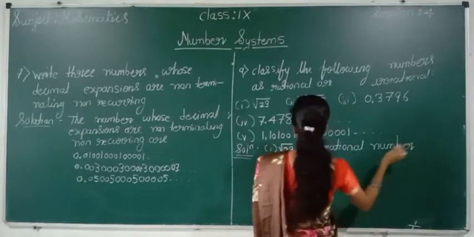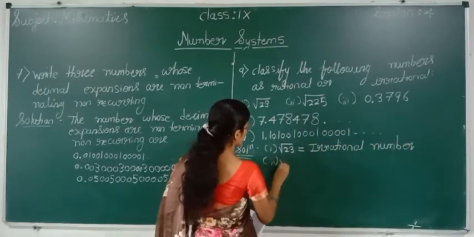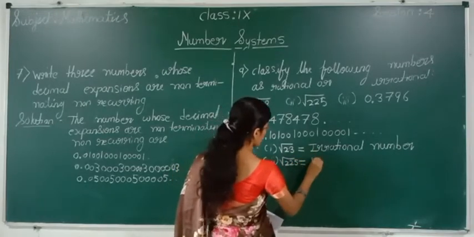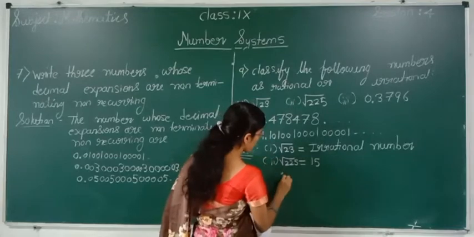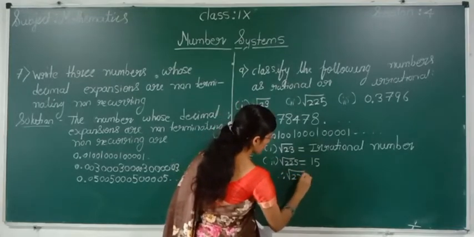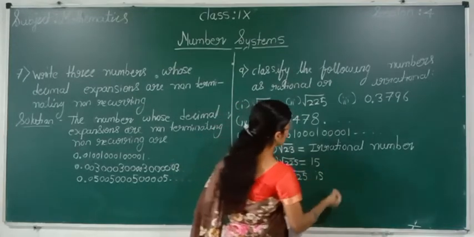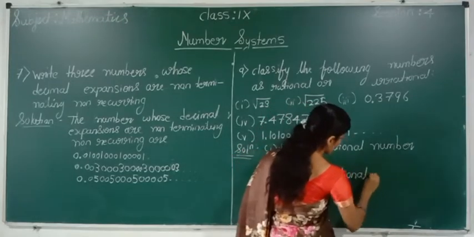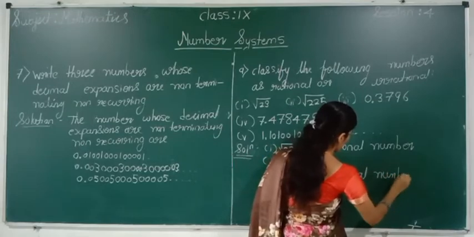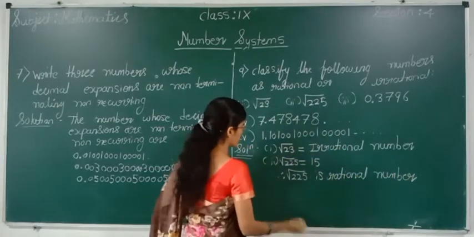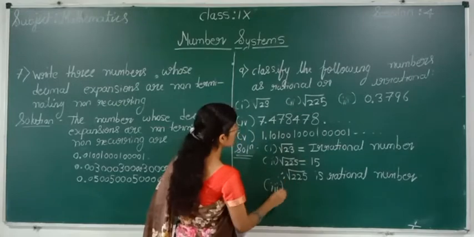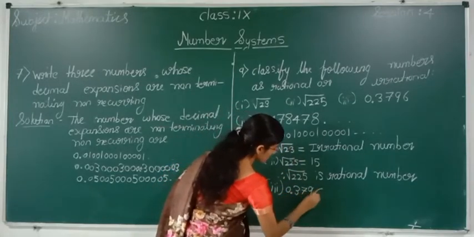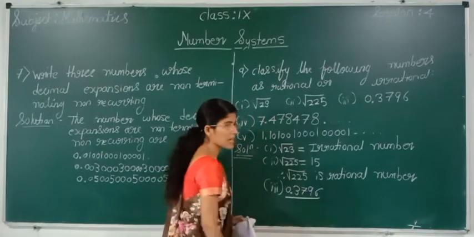Next one is the square root of 225. The square root of 225 is 15. Therefore, the square root of 225 is a rational number. Third one, 0.3796. See here, it is terminating.